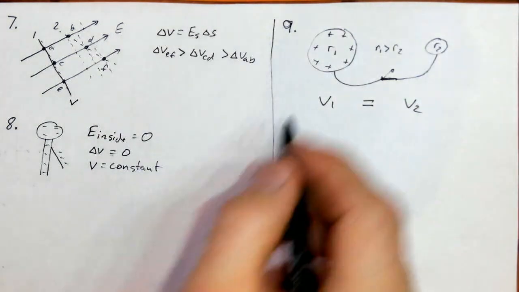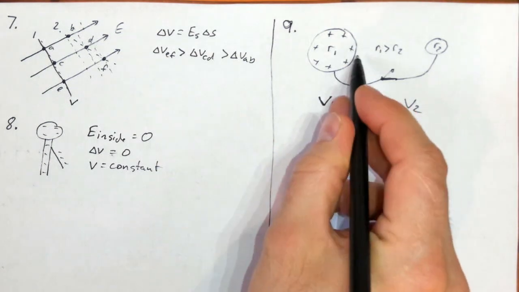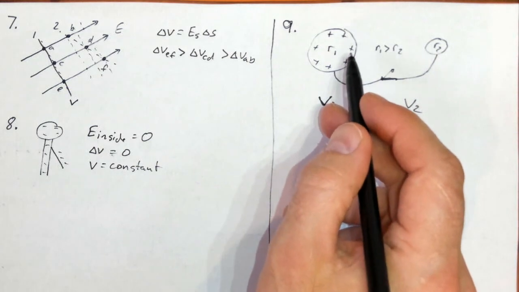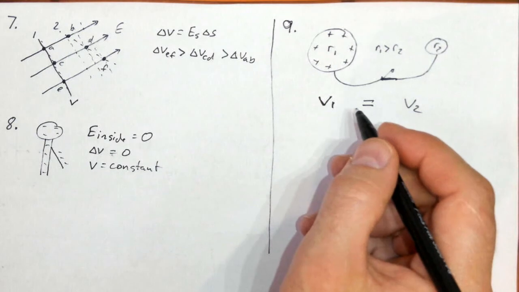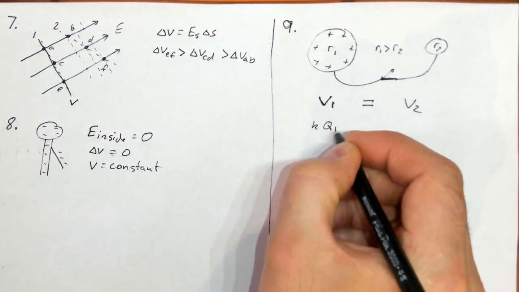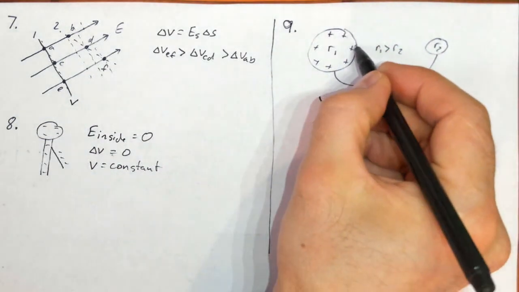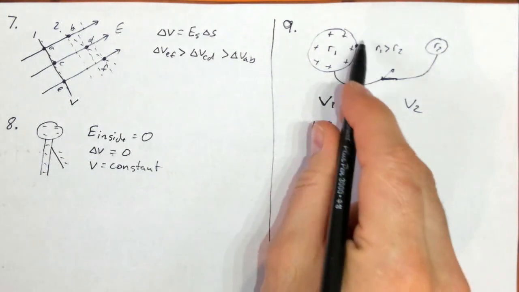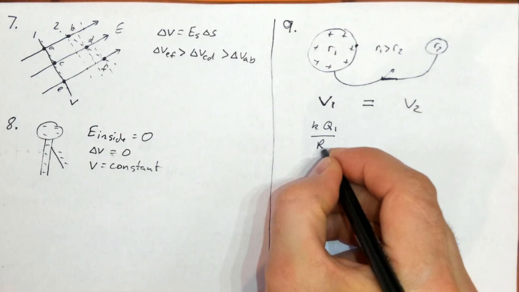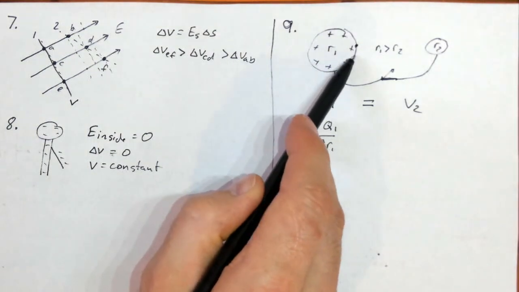But let's answer it with potential. You read in the text that the potential from a charged sphere is equal to K, the charge on the sphere, divided by the distance from the center of the sphere. If we're going to talk about the potential right at the surface, because it's the same along the surface as well as inside, let's just plug in R1 as the distance from the center.